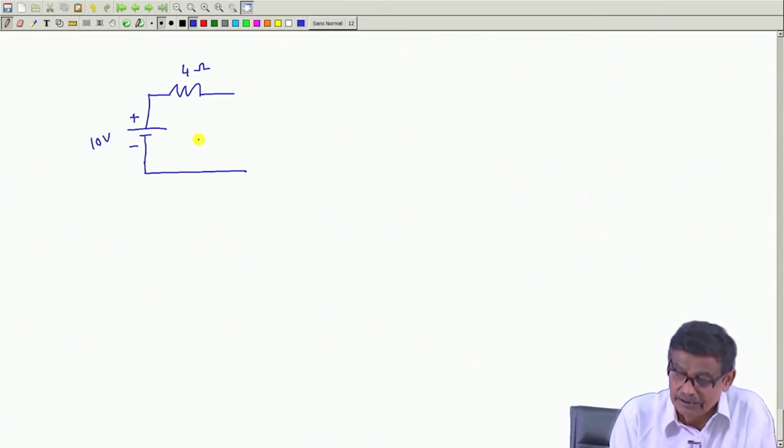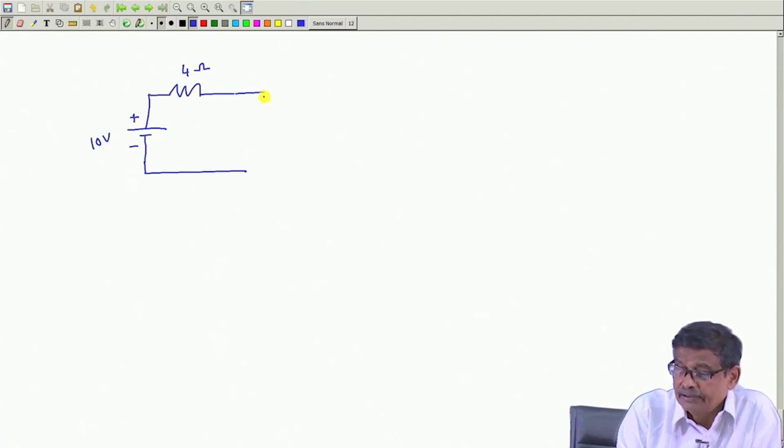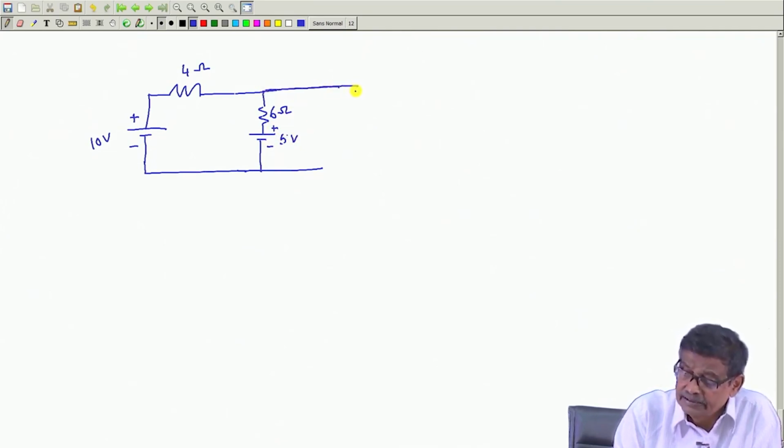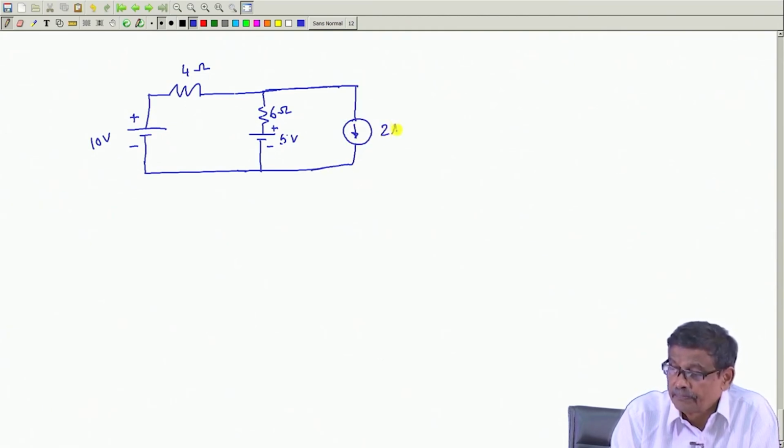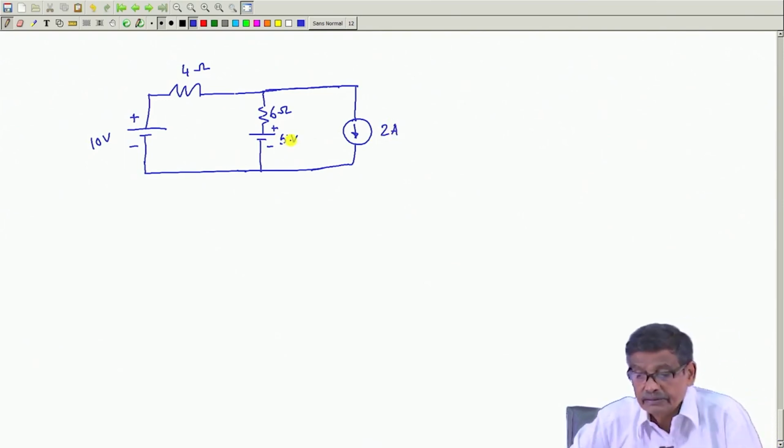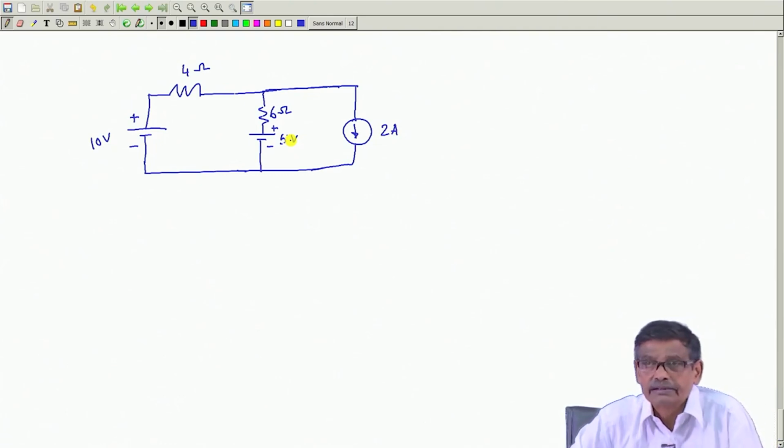That is how I am doing it, and you have, say, another voltage source like this, and this is suppose 6 ohm and this is suppose 5 volt, and suppose there is a current source here shown, ideal current source 2 ampere, and you have been asked to calculate currents in all the branches.